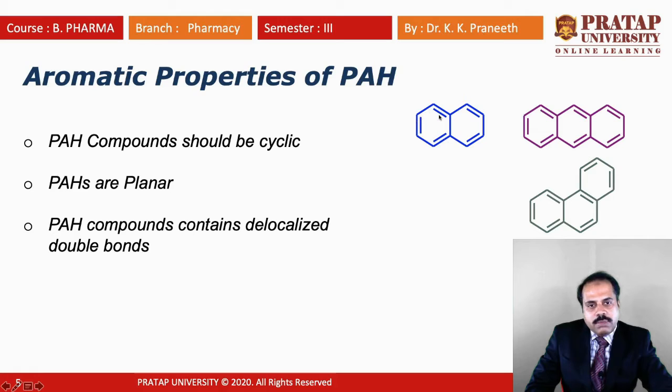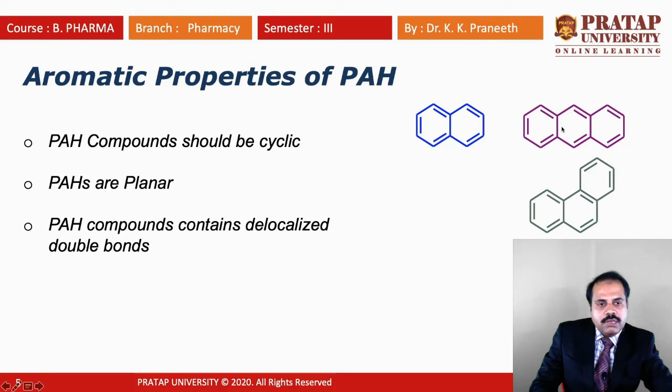It is not localized because it can also move. This double bond can go here, this becomes a double bond, this becomes a single bond. So there is delocalization in the double bond. The compounds have delocalized double bonds. This is the case of naphthalene.